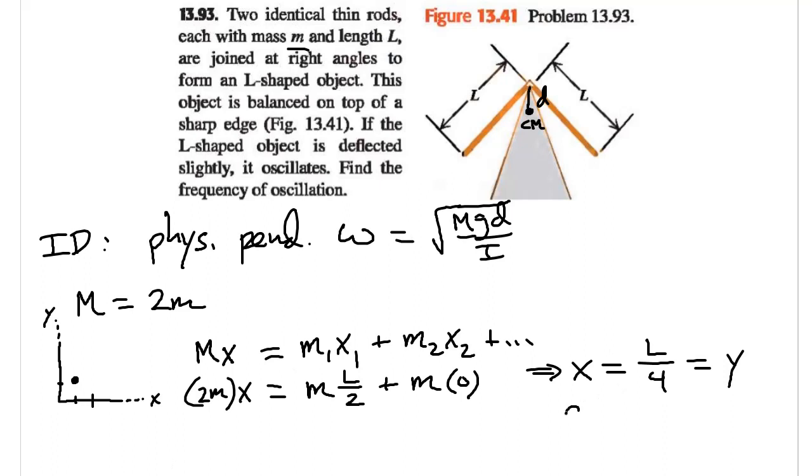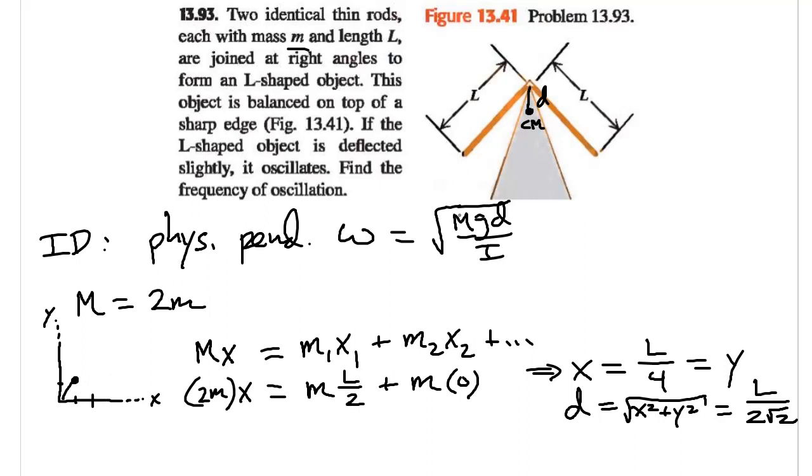So d is going to be equal to the square root of x squared plus y squared. I plug in the x and y values, and it simplifies to be L divided by 2 root 2. That's how far the center of mass is from the corner. That's the value of d that belongs here.